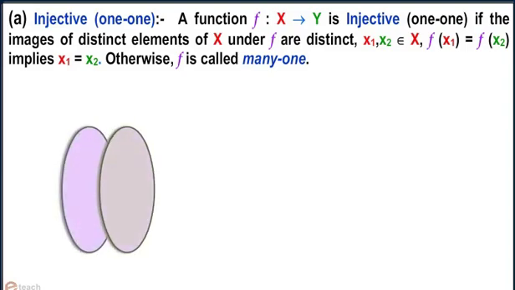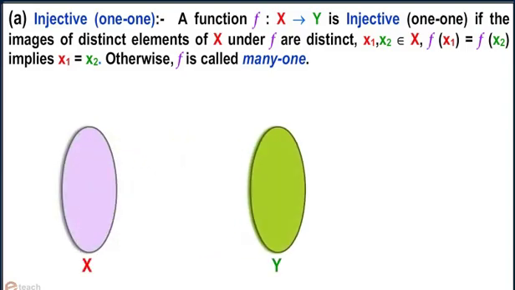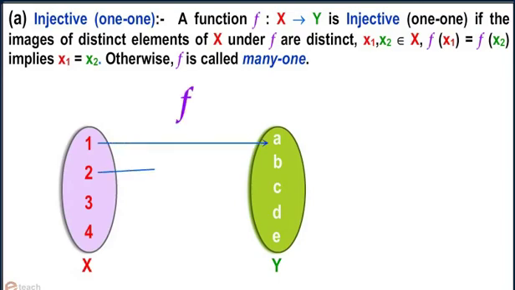Let us have some basic examples. In this function f, 2 and 4 have the same images, hence it is a non-injective or a many-one function. In this function f, all have different images, hence it is an injective or a one-one function.